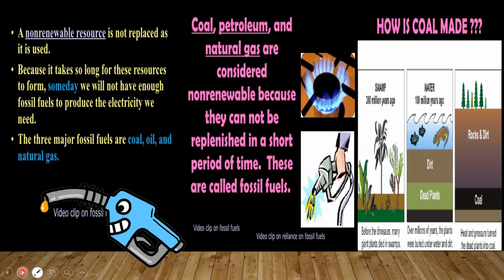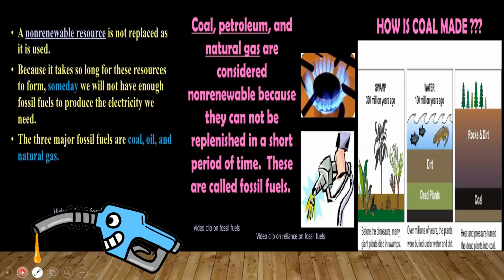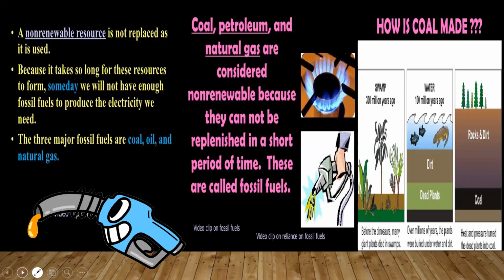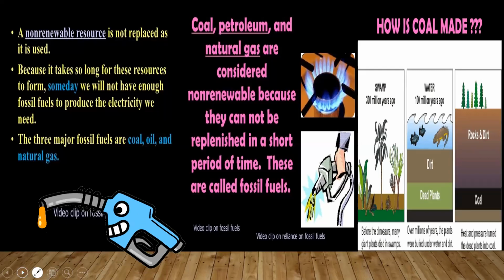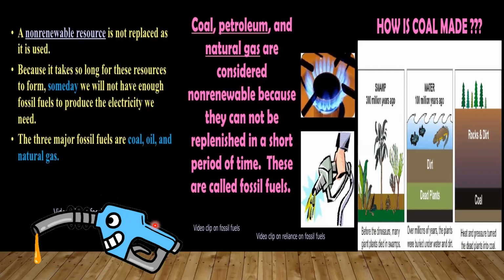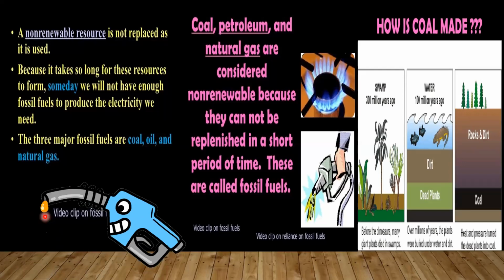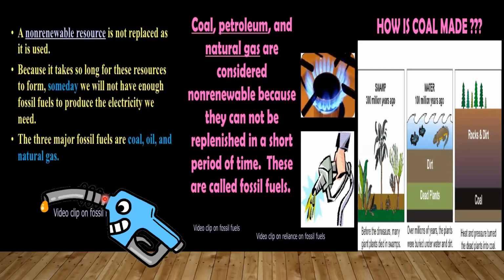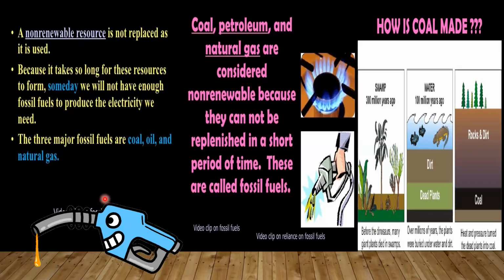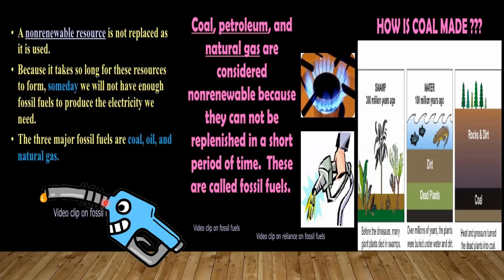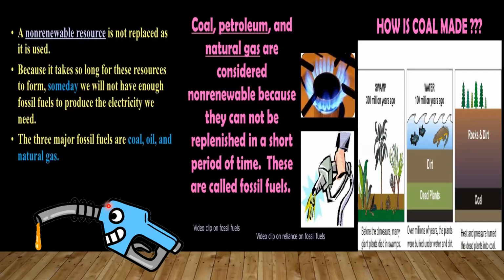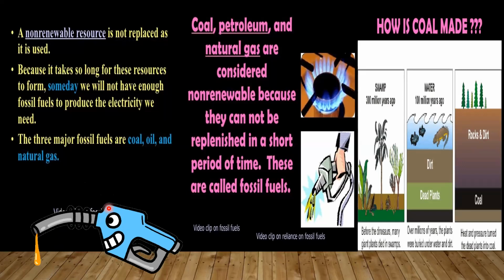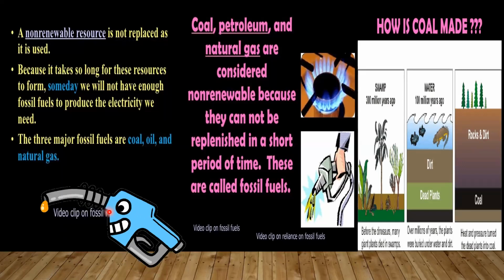A non-renewable resource is not replaced after its use. For example, petroleum and diesel are some of the fossil fuels, because it takes so long for these resources to come again. Someday we will not have enough fossil fuels to produce the electricity we need.